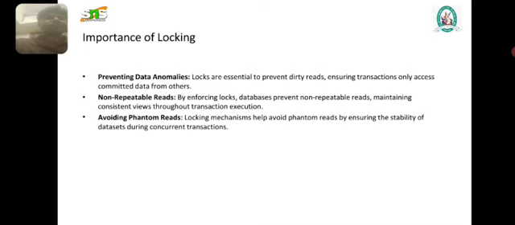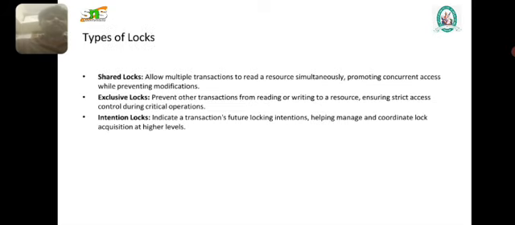Under non-repeatable reads, enforcing locks keeps the database views consistent and maintains transaction throughput during execution. Avoiding phantom reads helps ensure the stability of the data set during concurrent transactions.